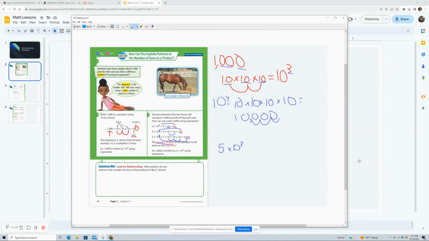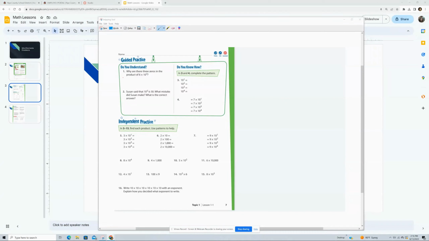We look at number 1 over here. Why are there 3 zeros in the product of 6 times 10 to the 3rd? So first it's asking us the product, we know, is the end result of a multiplication problem.